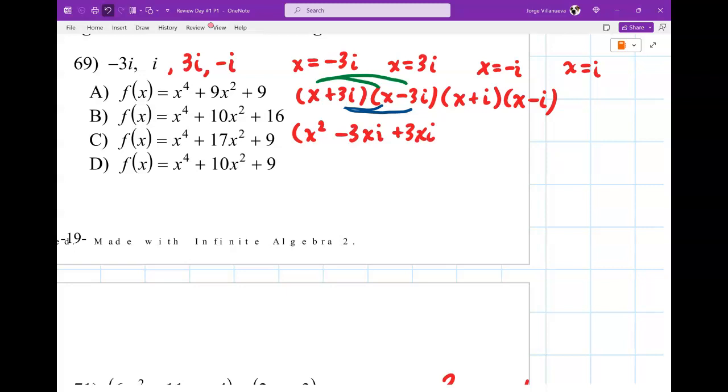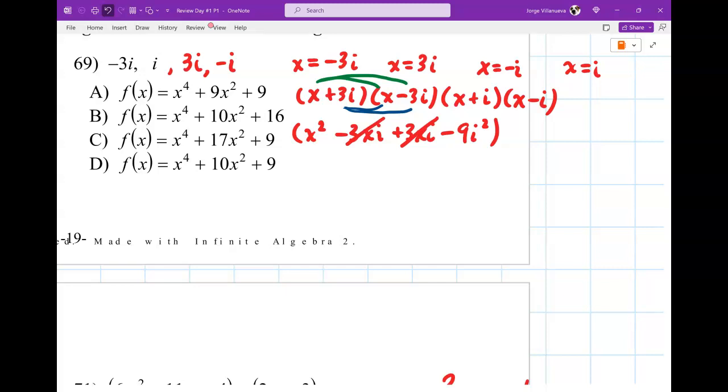And then 3i times negative 3i is negative 9i squared. Notice the middle terms are going to cancel. They always cancel. That means I don't have to multiply the middle term if I'm multiplying the twin values, the positives and negatives of the same number.